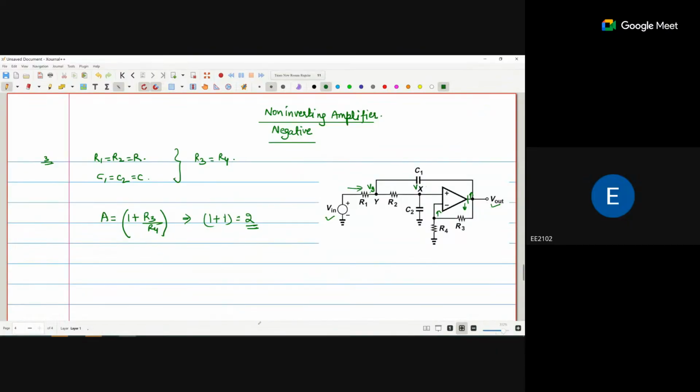This is my incoming current, it will go in this direction and in this direction. From Vx, one is the incoming current, it will go in this direction. Here the current is 0, and in this direction the current is 0, because for an ideal operational amplifier, if A is not given in the question, that means A is not dependent on the frequency. So in the ideal op amp, we consider the current going inside the operational amplifier is 0.